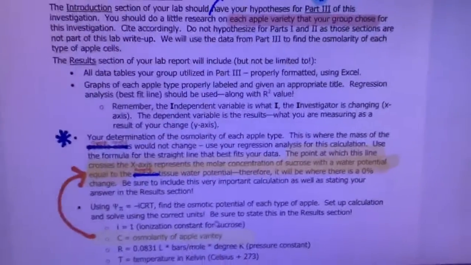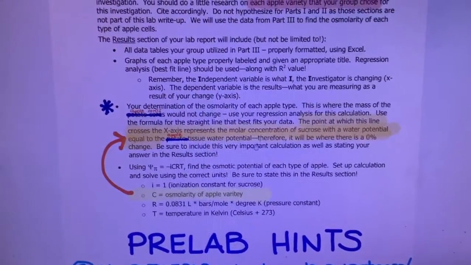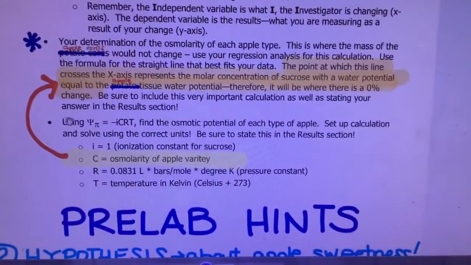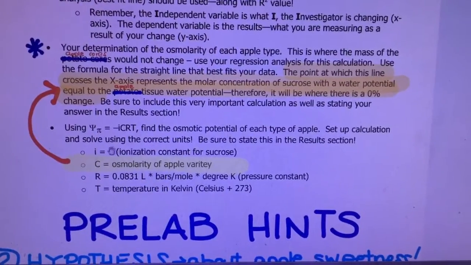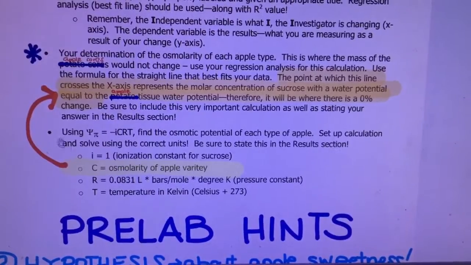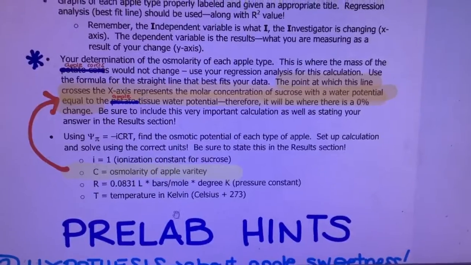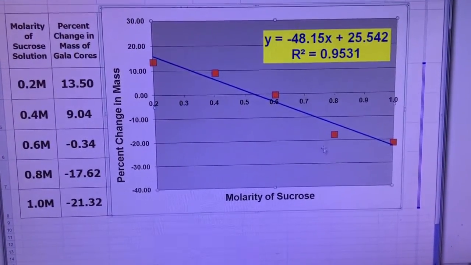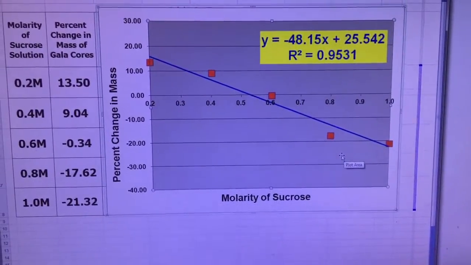Now, here's one thing I didn't talk about yet, and it's just a calculation. Once you've figured out, using math, what the osmolarity is, please figure out the osmotic potential, the solute potential. It's the same deal. We're using sucrose. This C right here is what you found for each apple, whatever that value is where the line crosses, because you're going to have two lines. This is just showing one. The other line might be over here. But each line is going to represent an apple.